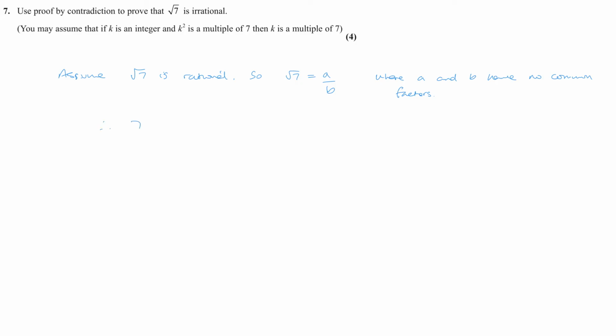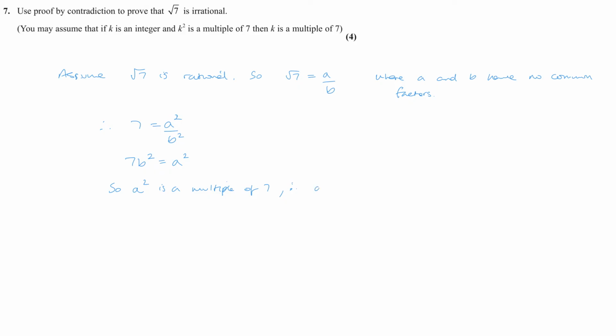Therefore 7 equals A squared over B squared. So 7B squared is equal to A squared. So A squared is a multiple of 7.